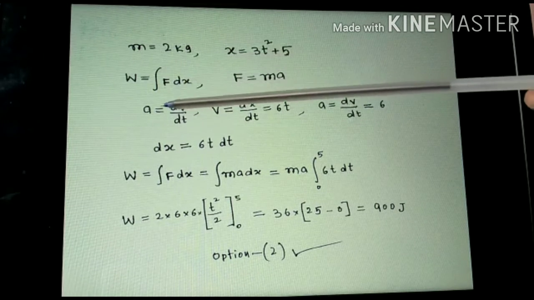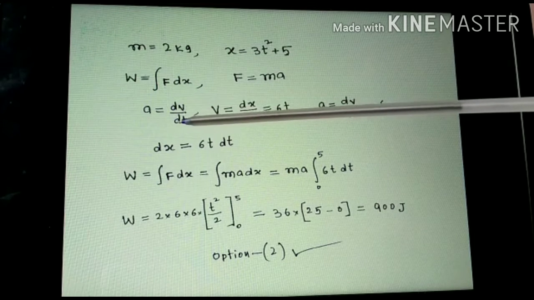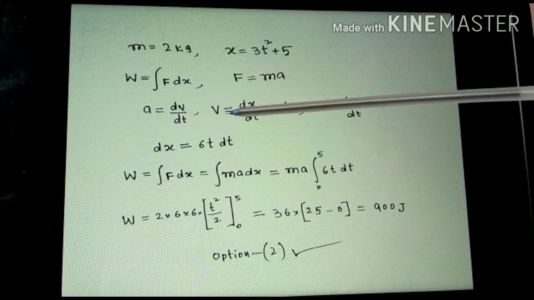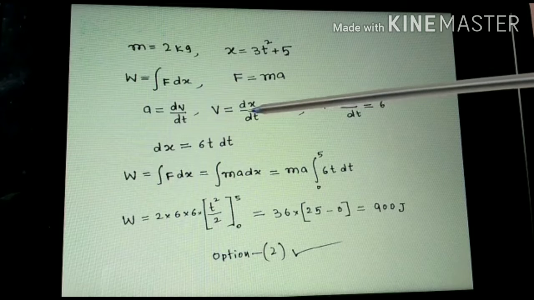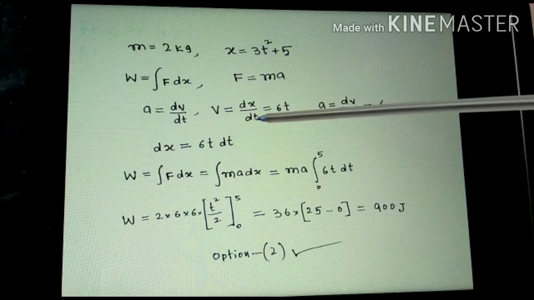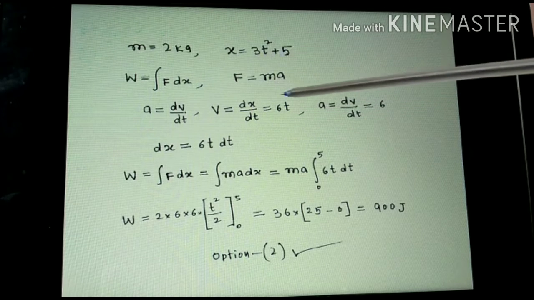A is acceleration, the rate of change of velocity. A equal to dv by dt. V is velocity, that is the rate of change of displacement. V equal to dx by dt. So x is 3t square plus 5, no? dx by dt means d by dt of 3 into t square.